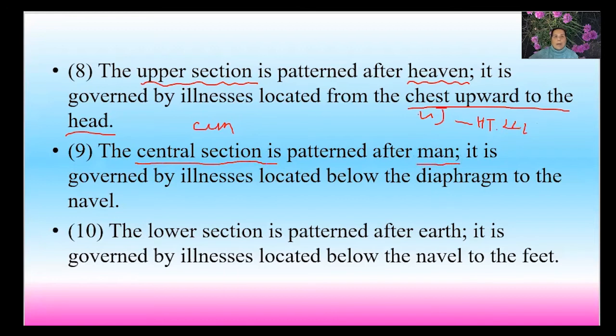So we're talking about the superficial, middle, low. Superficial, when we're talking about needling technique, we talked about this one before. Superficial is the relationship with heaven. So that's on the point. On the pulse, still the same thing.